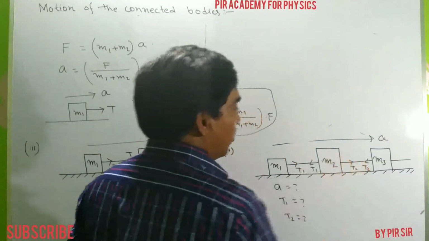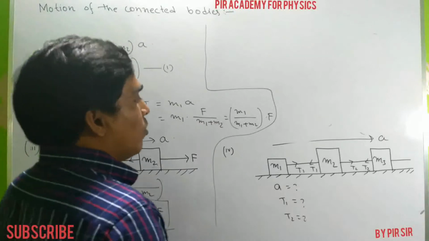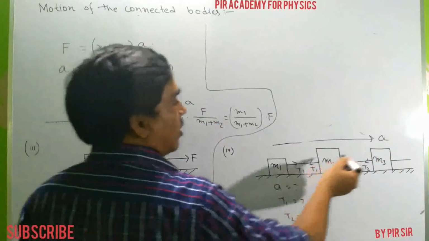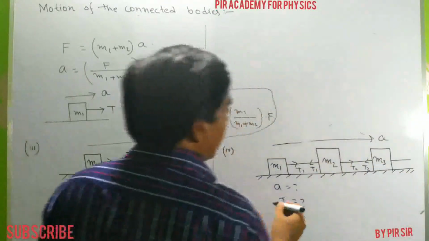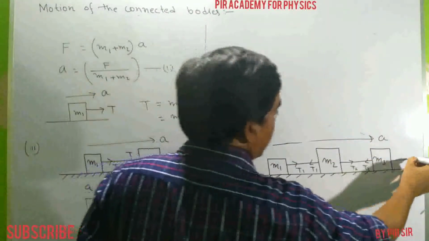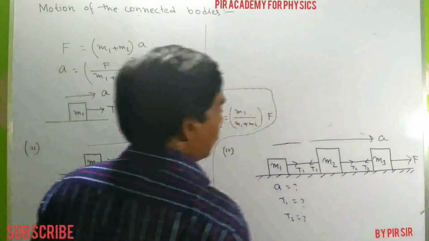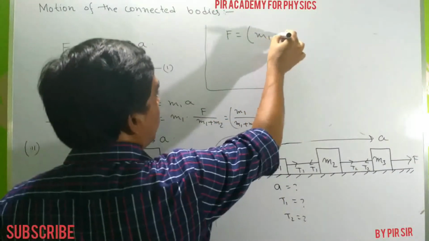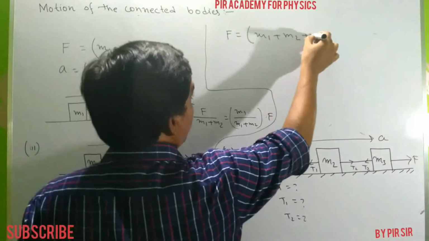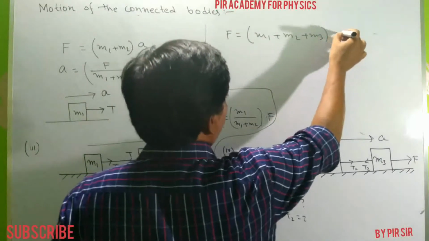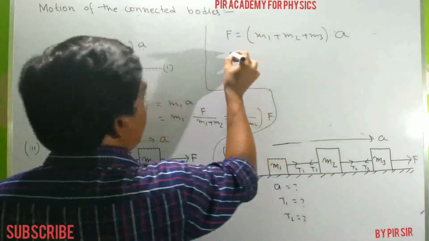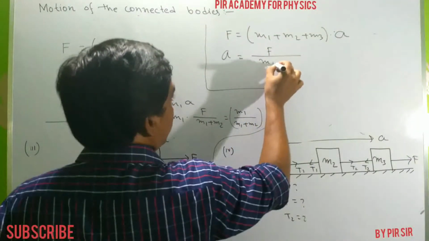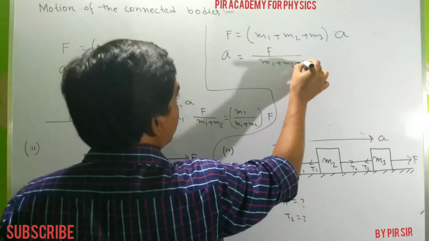For the total system, acceleration along this direction is A. That means total force applied here is F. That means total force F equals total mass, M1 plus M2 plus M3, into acceleration A. That means acceleration equals F divided by M1 plus M2 plus M3.